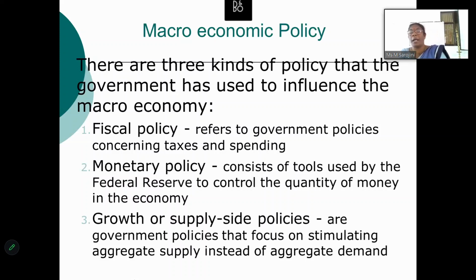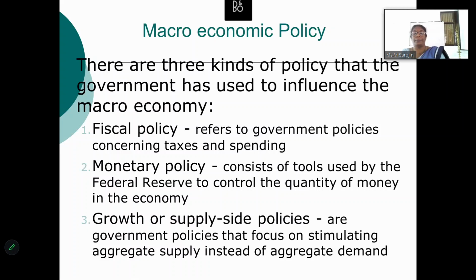Right? If there is a problem in the macroeconomic policies based on the policy implementation, the government can revise the taxes as well as the government spending. This implementation of taxes and spending by the government is called the fiscal policy.